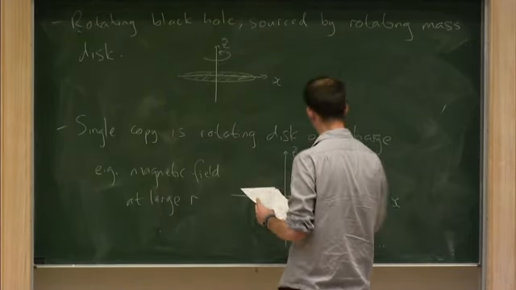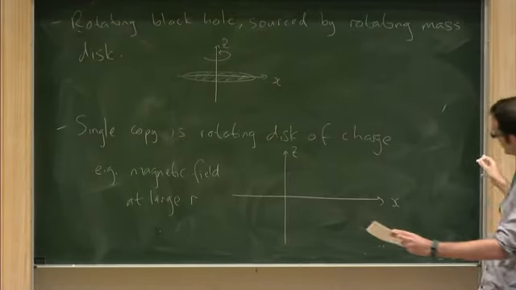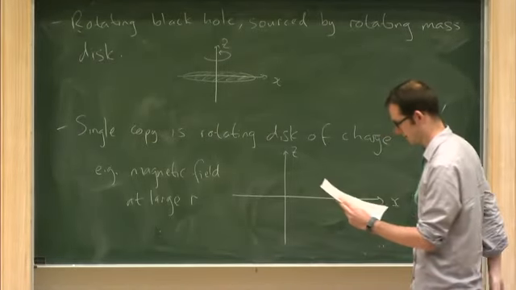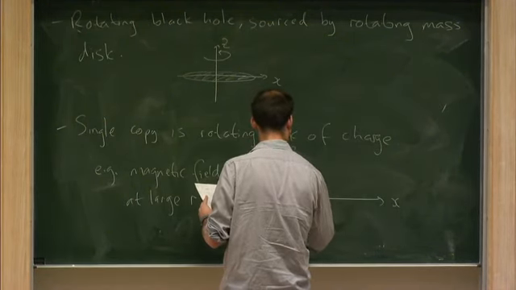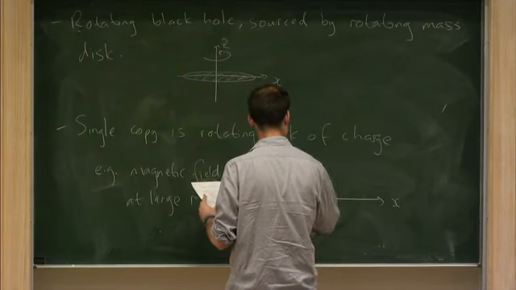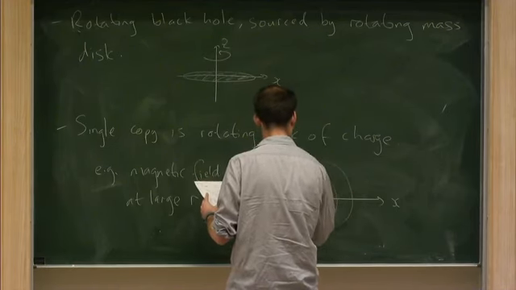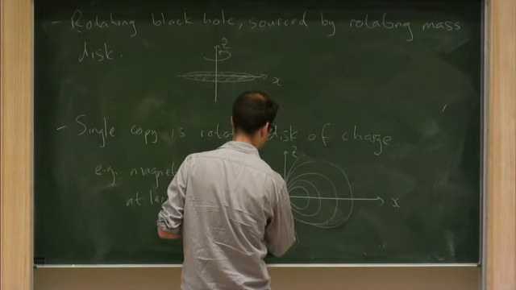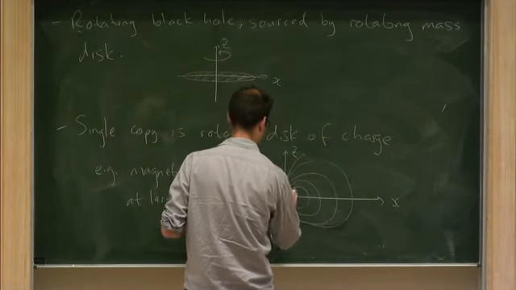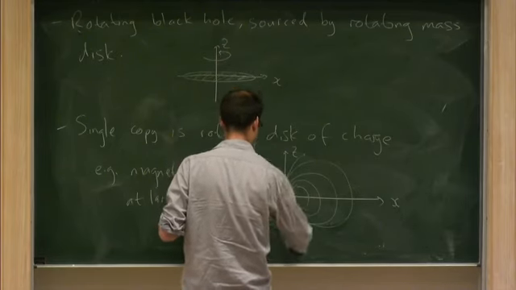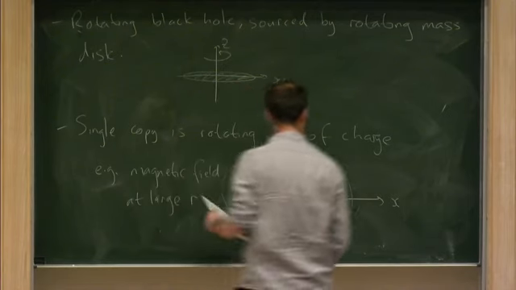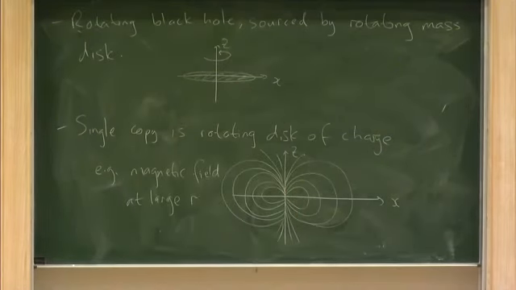The disk is sitting in this plane, but I've really zoomed out from it, so it would be very small down here, and then I get something that looks like this. This is meant to be nice and symmetric.